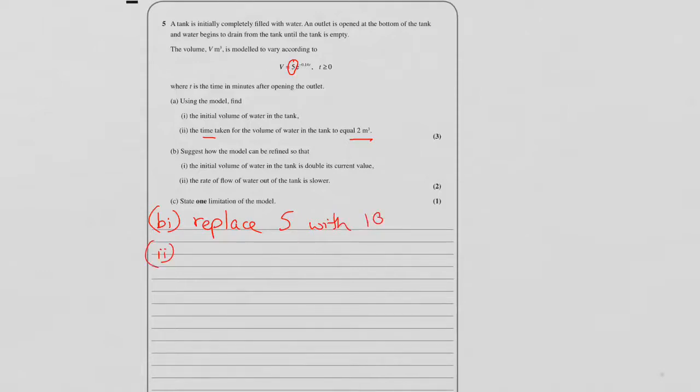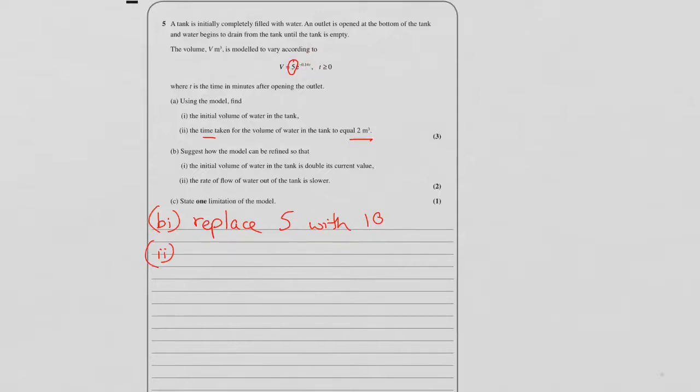Okay, part 2. And that's just worth 1 mark. It's a B mark. All of these are B marks. The rate of flow out of the water is slower. So the rate of flow is this bit here.